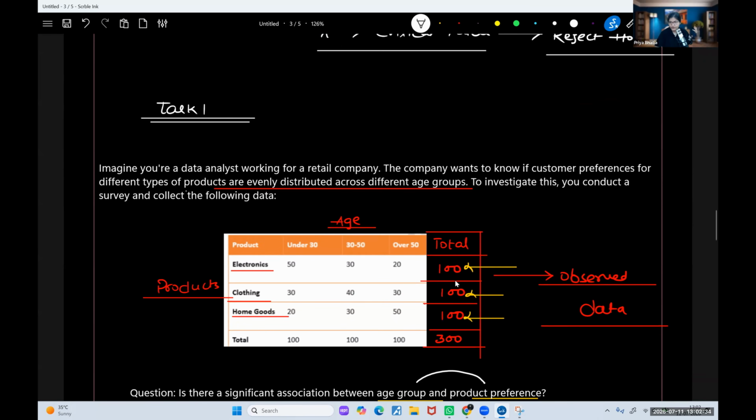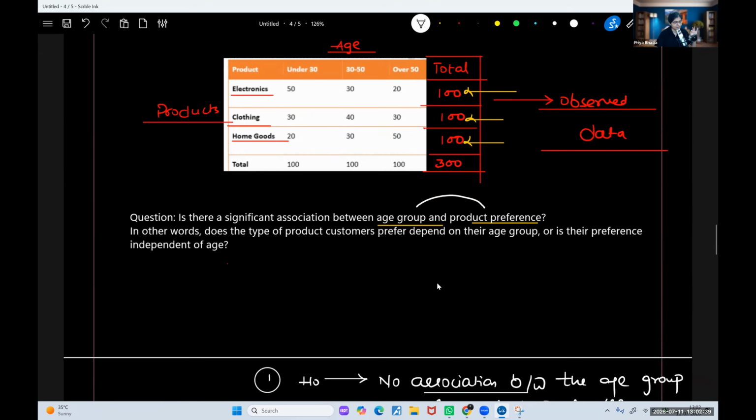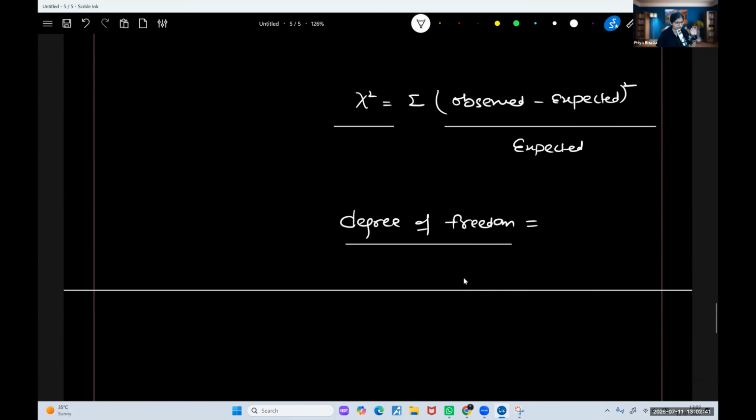Very good. It's 4. Kalpesh is mentioning in a very appropriate way. It is nothing but number of rows minus 1, number of columns minus 1. We have 3 products, 3 minus 1 is 2. We have 3 age categories, 3 minus 1 is 2. So we will get the answer as 4.